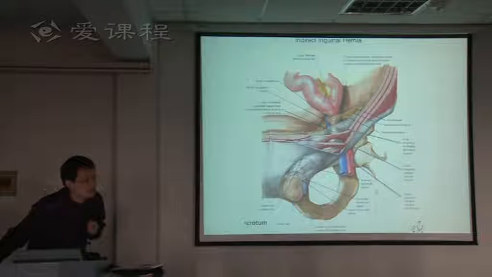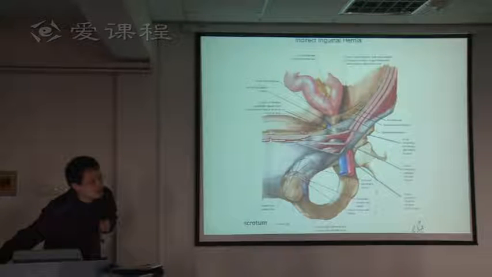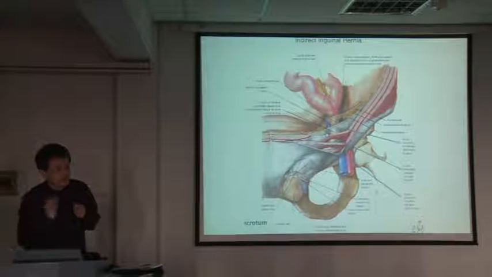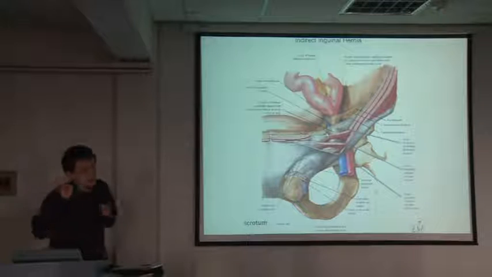The contents go into the deep ring, and then along with the spermatic cord also pass through this.